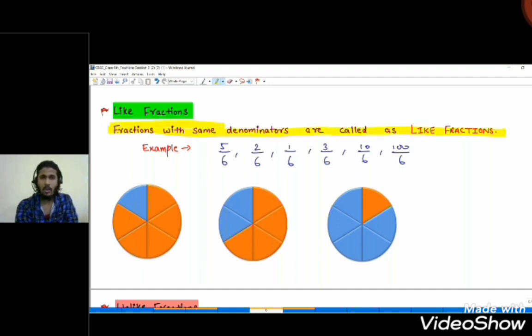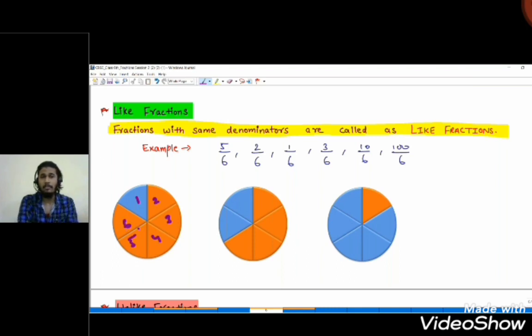So is there any doubt to any student in the concept of like fractions? Any doubt? Anything that troubles you guys? Because in the picture representation also, we have been very clearly shown in the first case, look, the total number of pieces are 1, 2, 3, 4, 5 and 6.